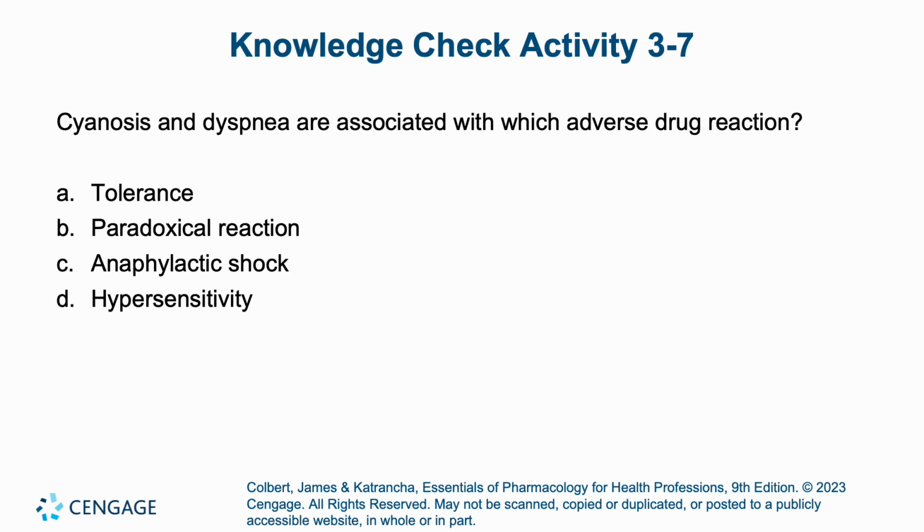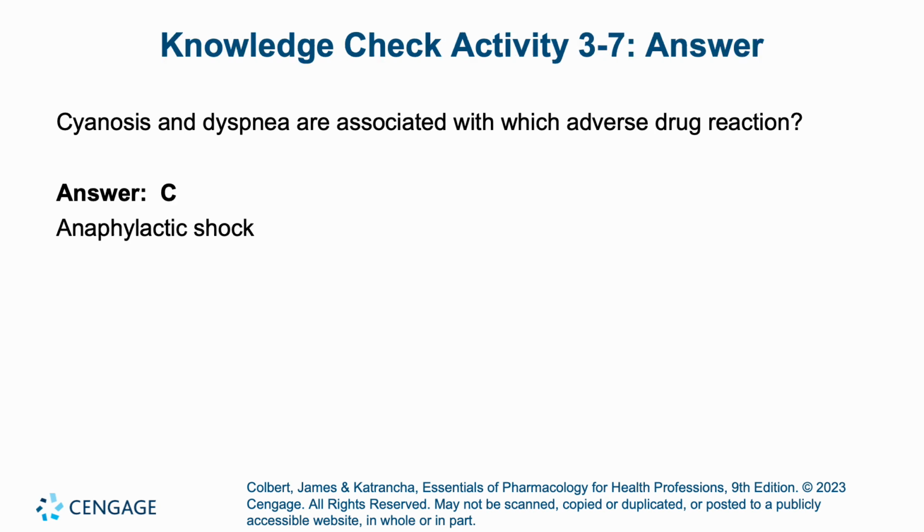And dyspnea, I want you to think of as like pneumonia, so breathing, and then disordered or ineffective, so dyspnea, difficulty breathing. So cyanosis and dyspnea are associated with which adverse drug reaction? A, tolerance, B, paradoxical reaction, C, anaphylactic shock, or D, hypersensitivity. And the answer is C, anaphylactic shock.